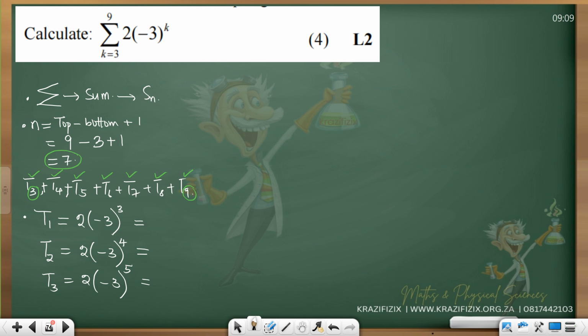Can I get answers for T1? Can I get answers for T2? Can I get answer for T3? If we can do it differently to make it fast, that would be well appreciated. T1 is negative 54. Thank you, negative 54. Can I get somebody else to do T2 for me?